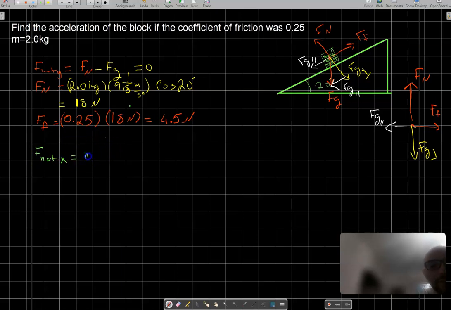That would be the mass of the block times its acceleration, which equals, let's look at the forces. Well, we have the force of friction, which is already positive here again, and negative is going to be the parallel component of the force of gravity.